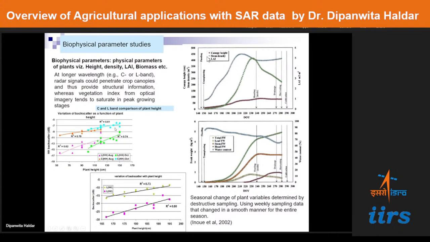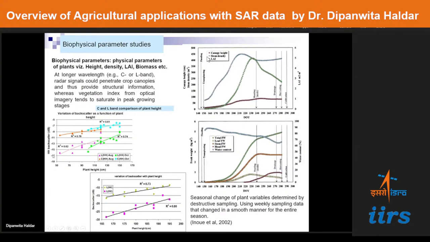If you see this left-hand side graph, this is simply plant height variation with the backscatter. As the crop grows, the height increases, which in turn manifests as an increase in the backscatter. We have shown this in two frequencies, L band and C band. You can see the C band, the orange one and the cyan one, and the magenta and the green are the L band response.